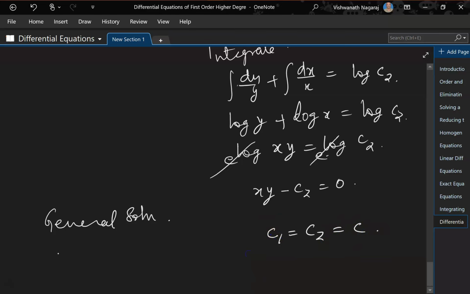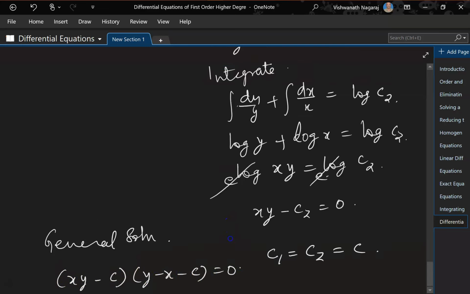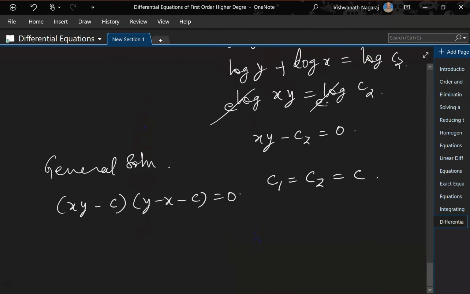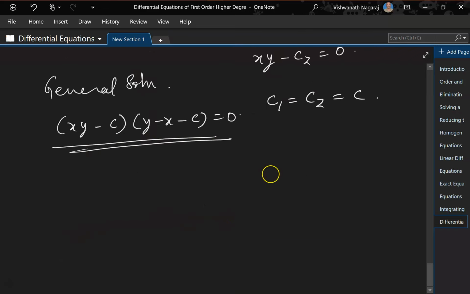Okay, so the solution would be xy minus c times y minus x minus c is equal to 0. So this is the solution. Let us do one more problem.